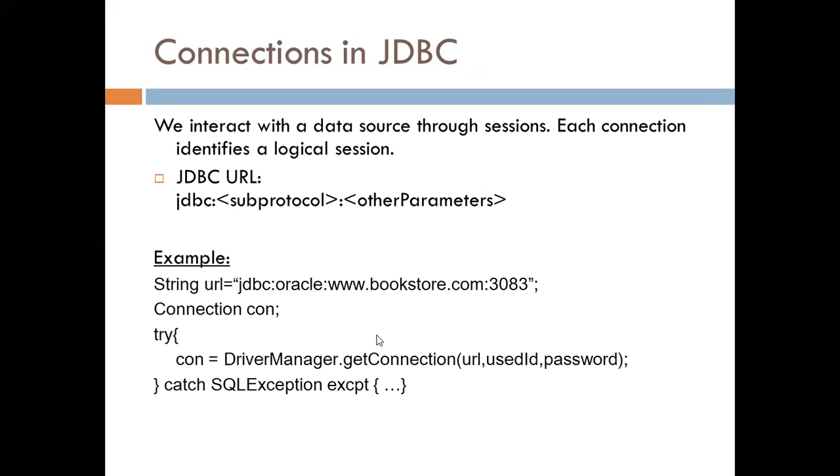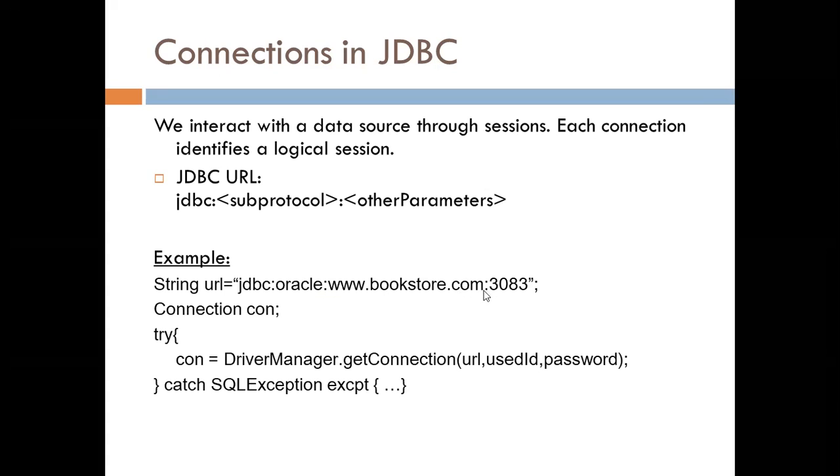Next, establishing the connection with the database. In order to interact with the database through sessions, each connection identifies a logical session. The syntax to connect is this: we have to specify the URL. The URL will appear like this: jdbc:oracle: www dot.